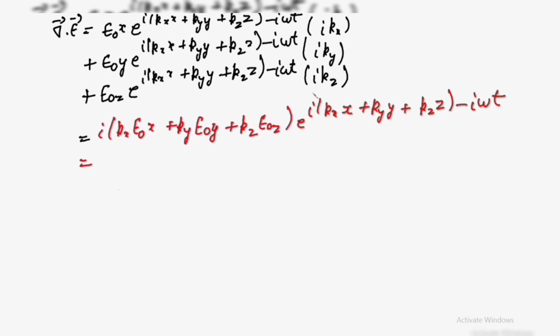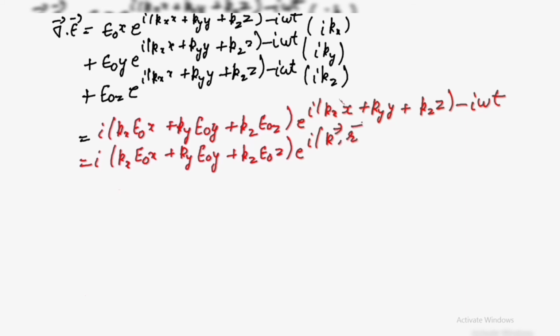Here we put the value of x i cap, y j cap and z k cap, which is equal to the position vector. So this equation will become i(kx E naught x + ky E naught y + kz E naught z) exponential i, in place of kx x + ky y + kz z, we put the value of the propagation vector dot the position vector, minus i omega t.